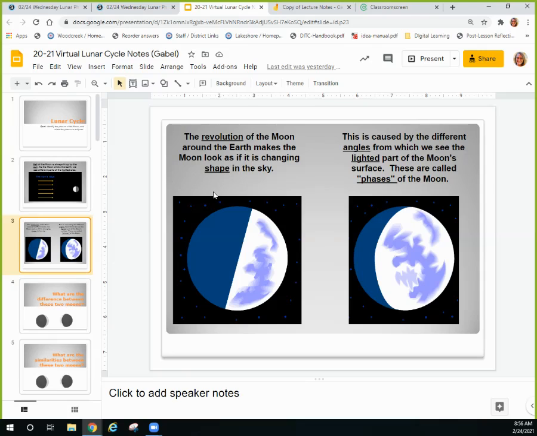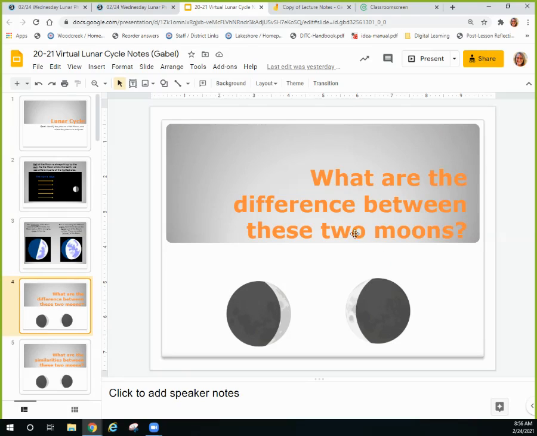And it's no different on the moon. The sunlight makes the moon look like it's changing shape. This is because of the different angles in which we see the lighted part, and that's why we call them phases.